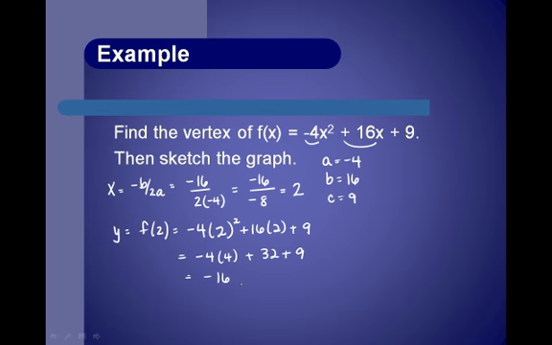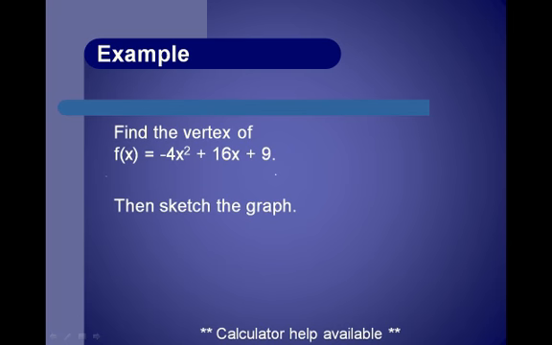So we would get negative 16 plus 32 plus 9. Well, negative 16 plus 32 is 16. So we get 16 plus 9, which is 25, which says that our vertex is x is 2, y is 25. Let's do it again, but this time let's use our calculator to check this.